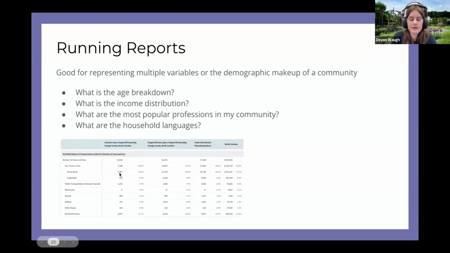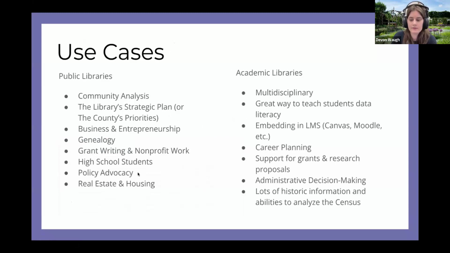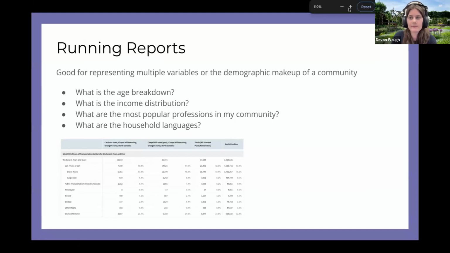So this one here, let me see if I can zoom in. Maybe not. But with this report here, all I looked at was means of transportation to work for Carrboro and Chapel Hill, because there's a free bus system that serves both the campus and the surrounding community.